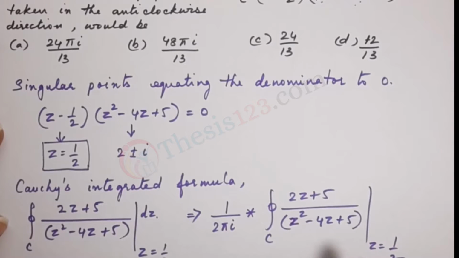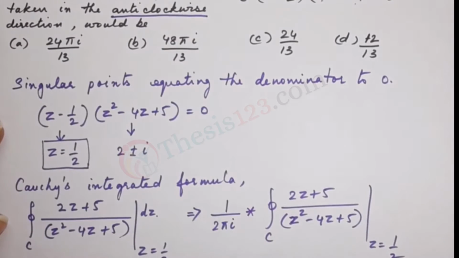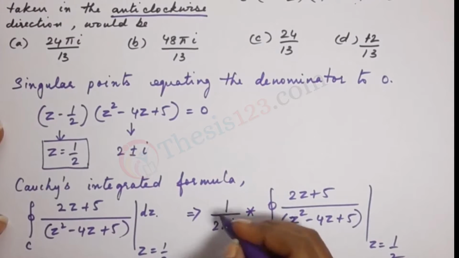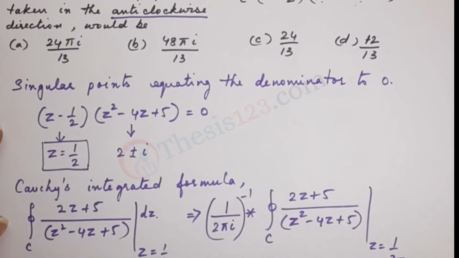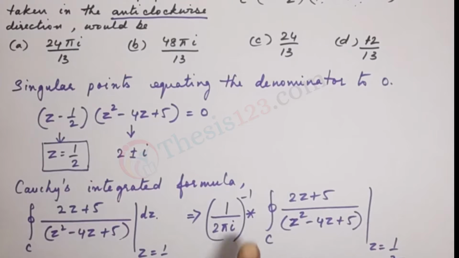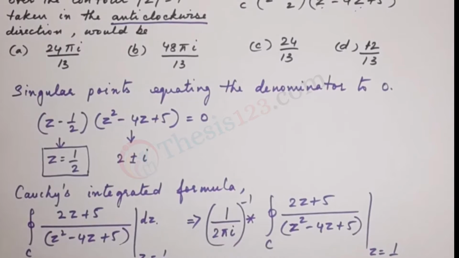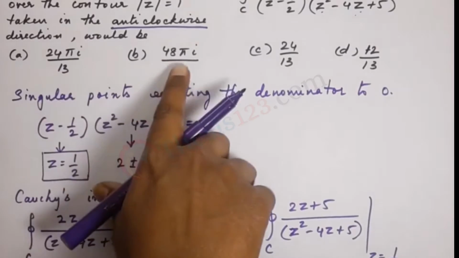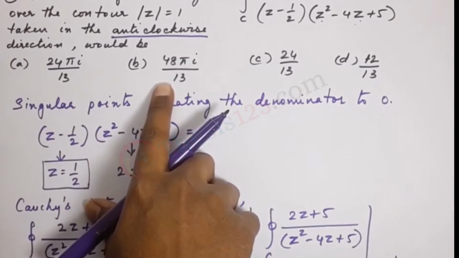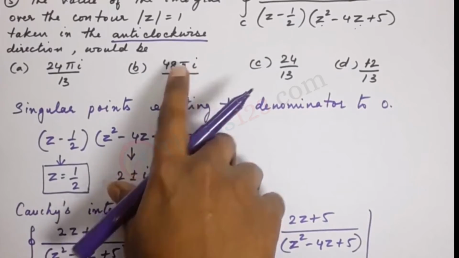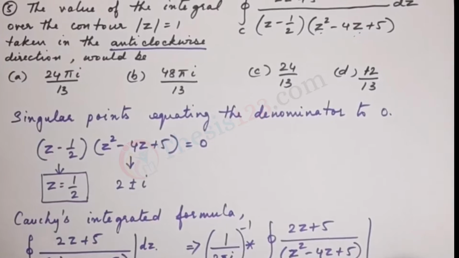But here is where you will have to note that the question says anti-clockwise. Now because the question says anti-clockwise, this term is taken to the power of minus 1. So 1 by 2 pi i becomes 2 pi i. That's why you will notice that in each of these, or at least in these two, the term pi i is in the numerator. So here we will have to take the reciprocal.